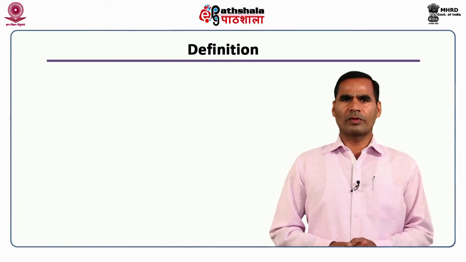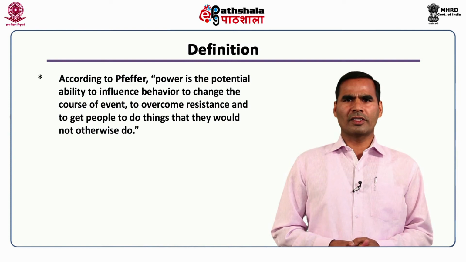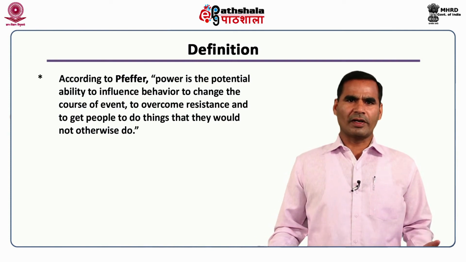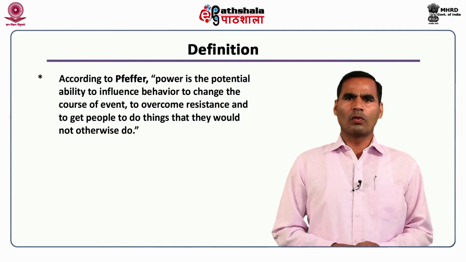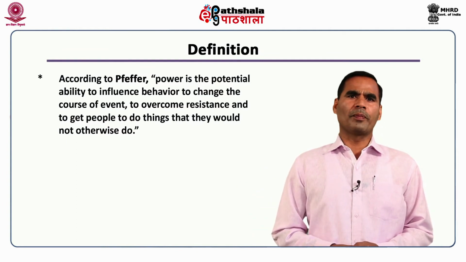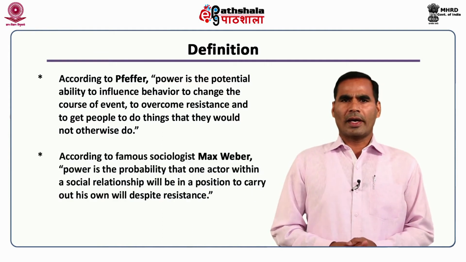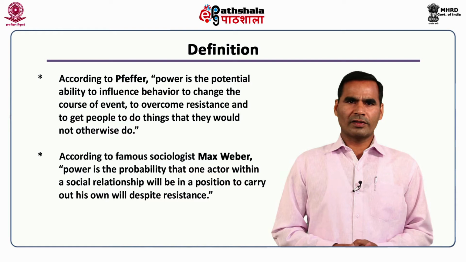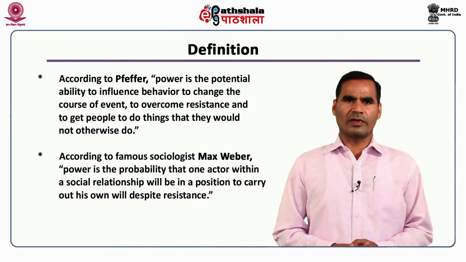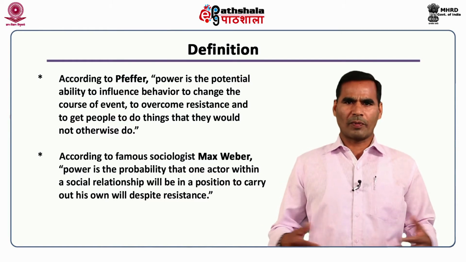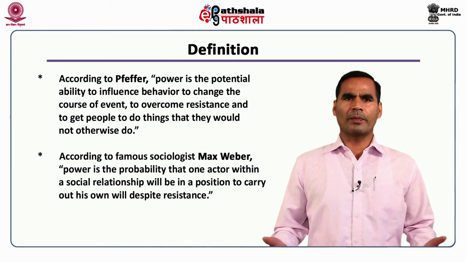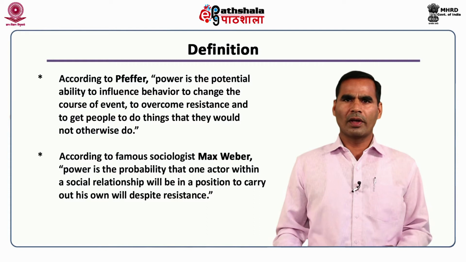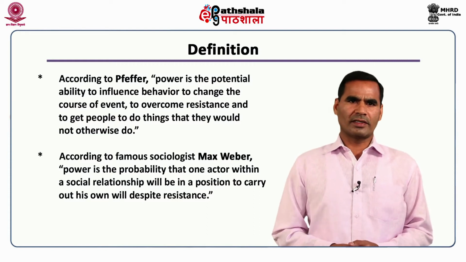We have a few definitions of power. One of the definitions is: power is the potential ability to influence behavior, to change the course of events, to overcome resistance, to get people to do things that they would not otherwise do. Another important definition of power was given by Max Weber: power is the probability that one actor within a social relationship will be in a position to carry out his own will despite resistance.